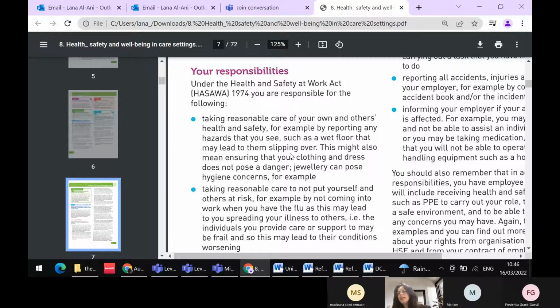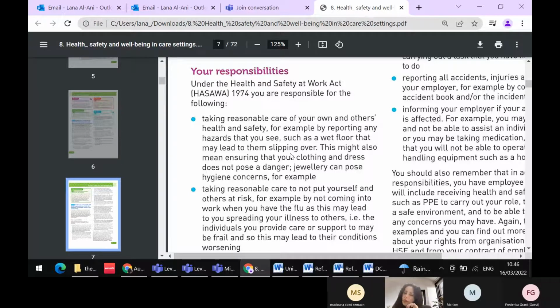So when you answer this question where it says self, that means your responsibility, and the Health and Safety at Work Act 1974, what's your responsibilities? You need to talk about all this in a brief way. You always need to make sure you use the right PPEs if you deal with spillages or body fluid, or even mopping.